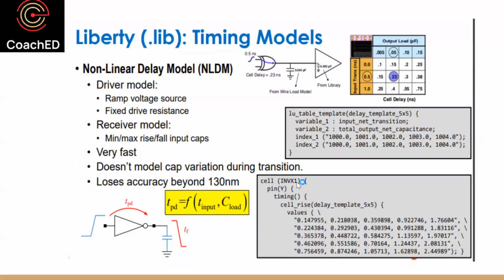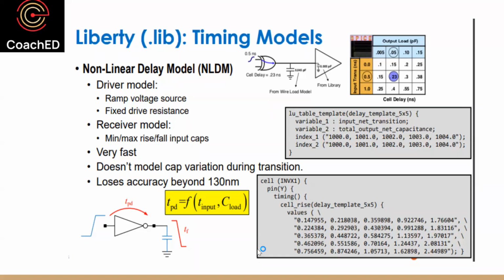So you can think of inverter X1 as a baseline or reference inverter, and every other inverter is going to be bigger than this by some integral multiple, 2x, 3x, and so on. Pin Y is nothing but the output pin of the inverter here. And then we are saying timing. That means we want to specifically analyze the timing arc relationship for this inverter, where timing arc means delay arc.